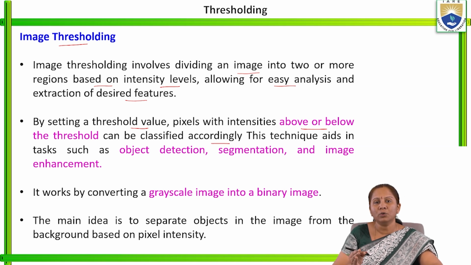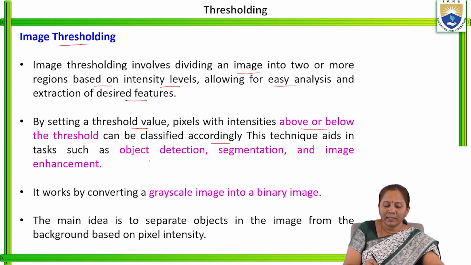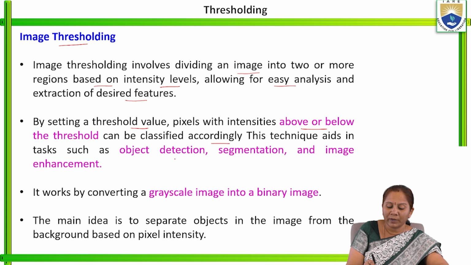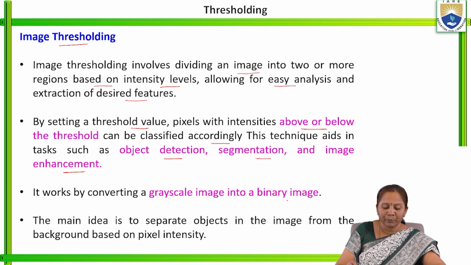If the pixel value is below the threshold value, it is represented in one form. If the values are above the threshold value, those pixel values are represented in another form. This technique is used for object detection, segmentation, and image enhancement.